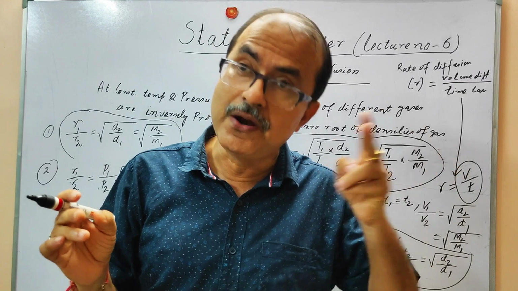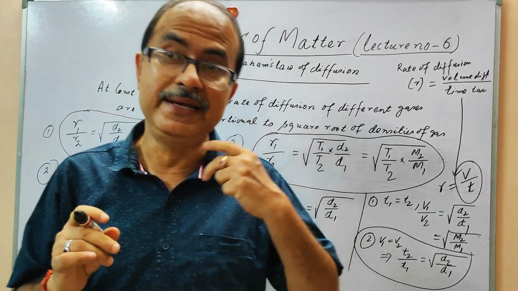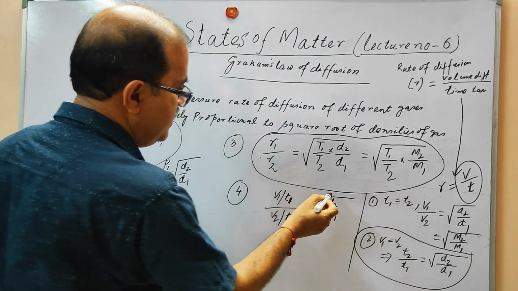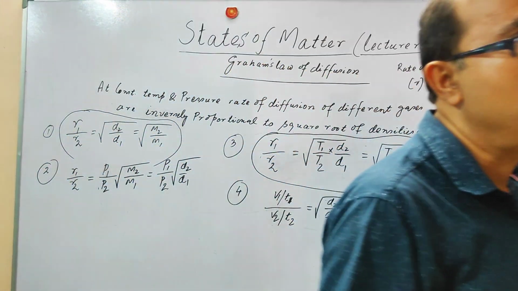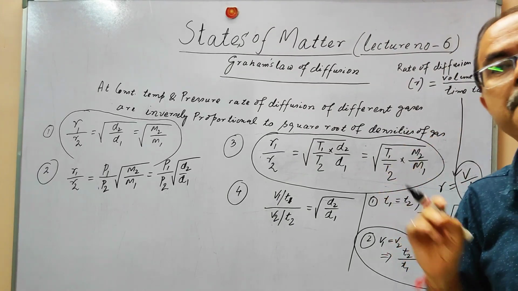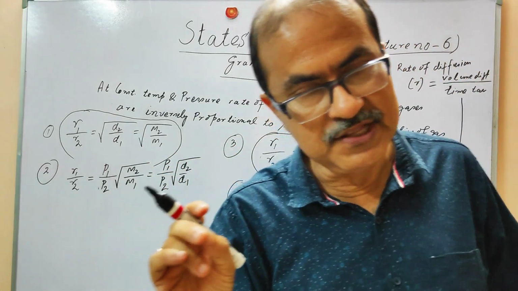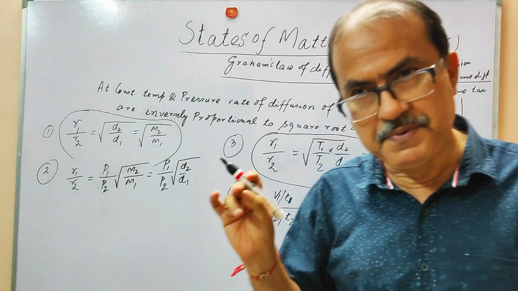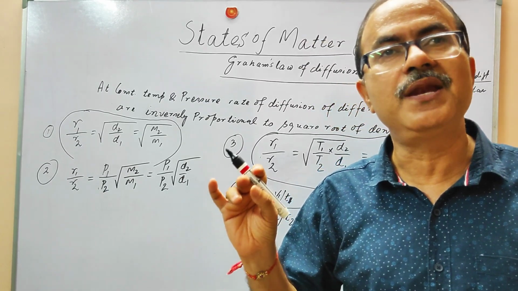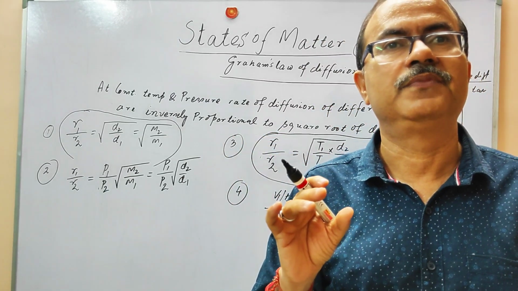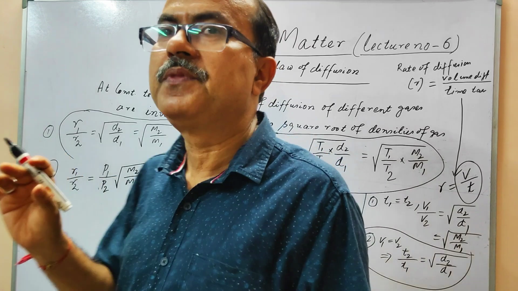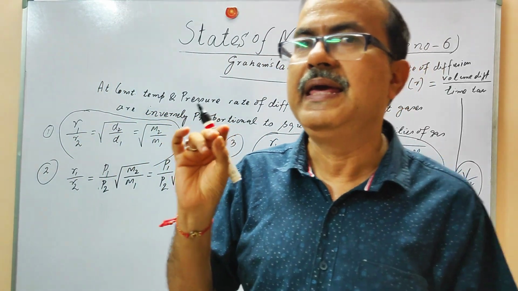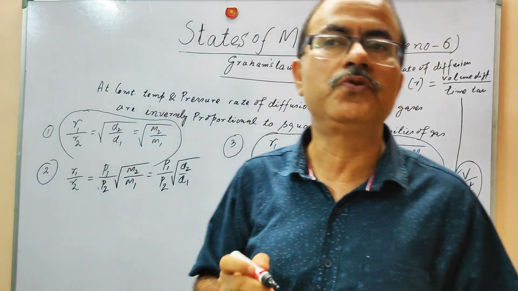Higher the molecular mass, higher will be the time. So we understand the different relationships as per Graham's law with the diffusion rate: the density, molecular mass, pressure, absolute temperature, then time of diffusion, then amount of diffusion. Now we do some exercises that will help us understand this concept more clearly.